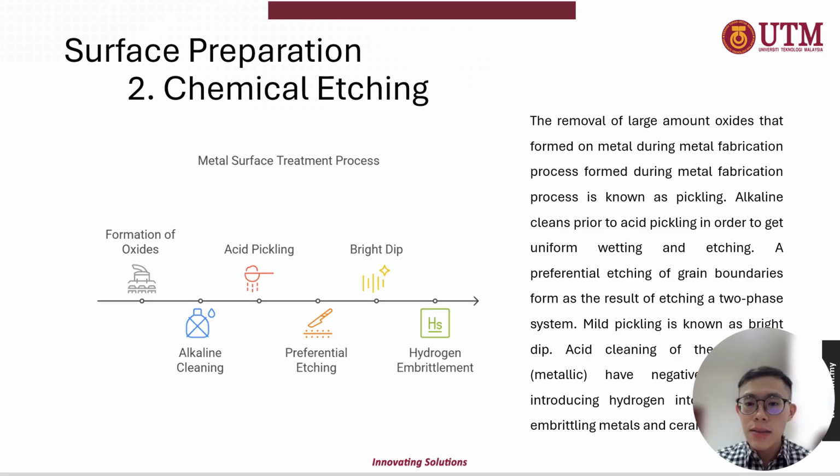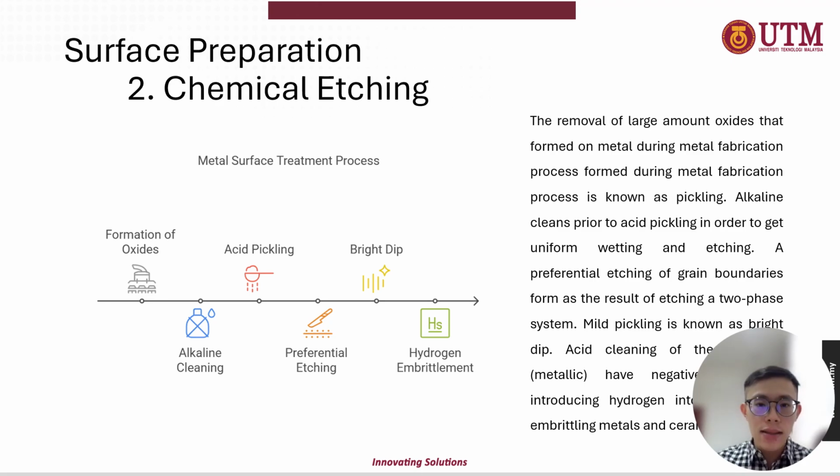We use alkaline first before acid pickling in order to get uniform wetting and etching. Preferential etching and grain boundaries form as a result of etching a two-phase system. Bright dip is also known as pickling. Acid cleaning of the metallic has a negative effect of introducing hydrogen onto the surface, which can embrittle the metal and the ceramic.